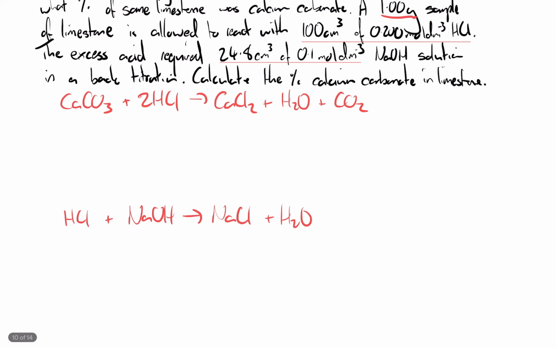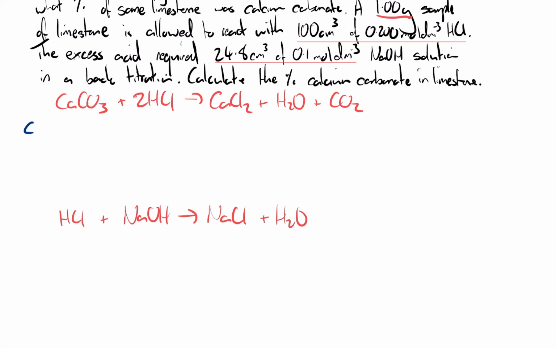So we're talking about titrations here. We've got C, N, V, C, N, V, and we can start filling out our information. So we've got 100 centimetres cubed of HCl, 0.2 moles per decimetre cubed. So we can work out the moles we have initially.